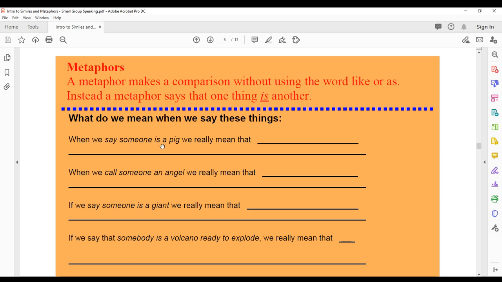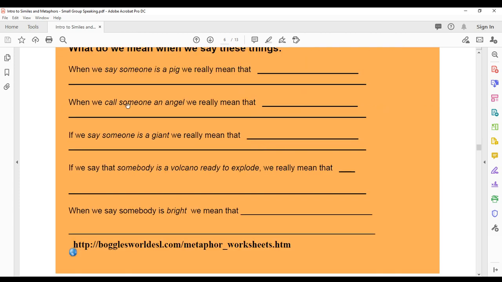And so here's a couple examples. When we say someone is a pig, oh, my sister is a pig. That's a metaphor. My sister isn't really a pig, but that might mean that my sister's house is messy or dirty, it's unorganized, and that is a metaphor, okay? It also might mean that she eats too much food. If we call someone an angel, and here, let me make up for my sister.